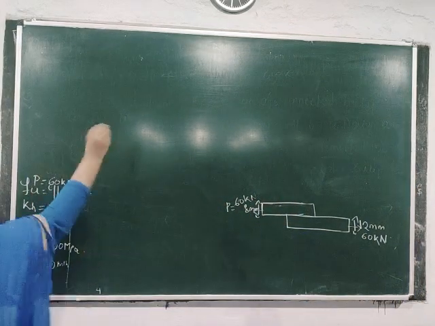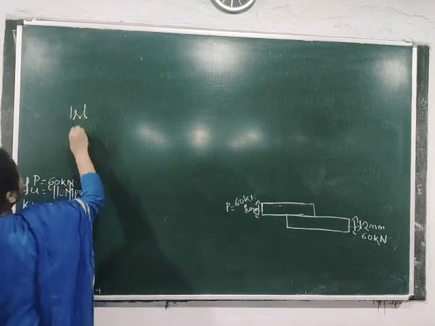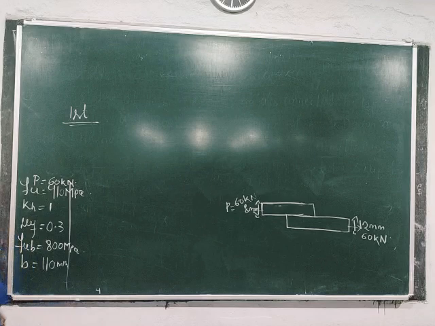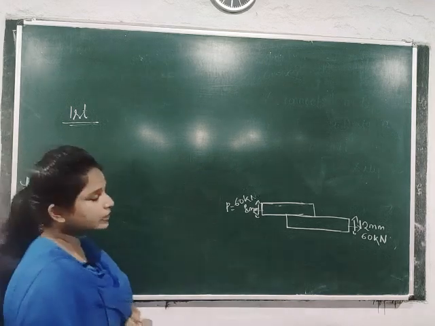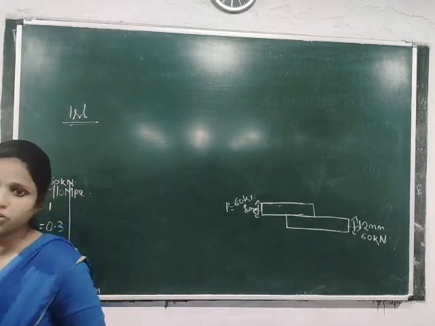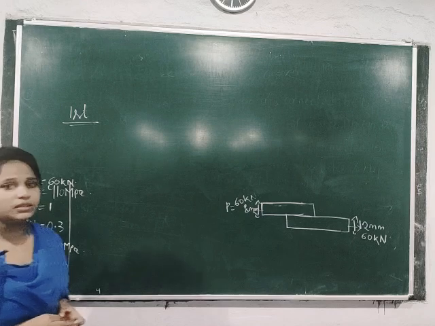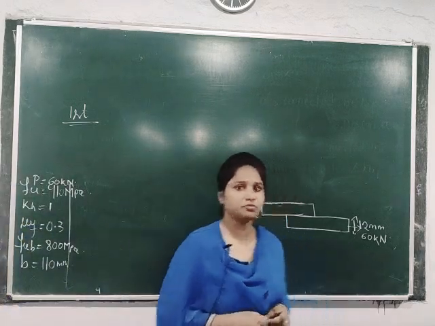So in the first step we have to determine the diameter of the bolt. As the diameter of bolt is not given in the question, we have to determine the diameter of bolt from the Unwin's formula.